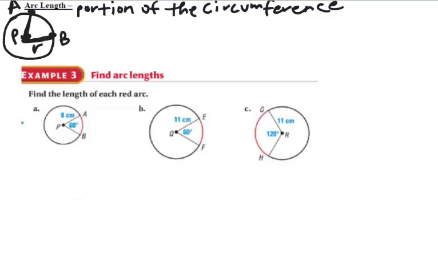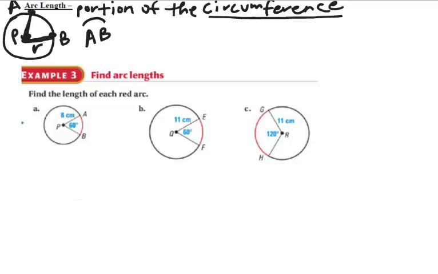What we get is the ratio of the length of a given arc. If we're looking for arc AB, it's going to look like this: AB with a little curve at the top, and that's referring to arc AB. Arc means a part of the circumference, a portion of it.